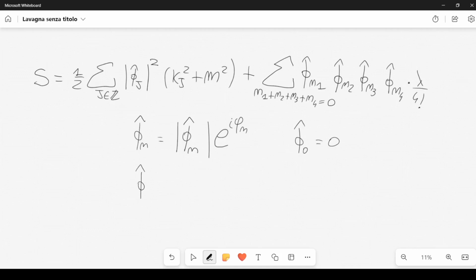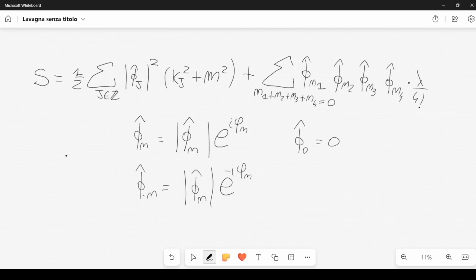Remember that the mode of phi sub minus n is equal to the mode of phi sub n. And then the phase of phi sub minus n is equal to minus i phi sub n.